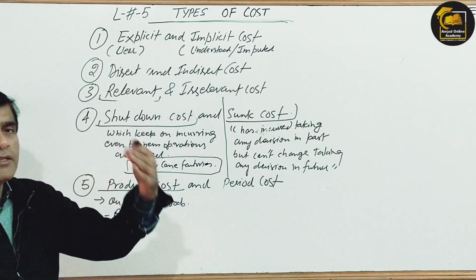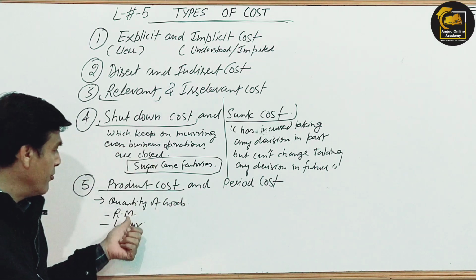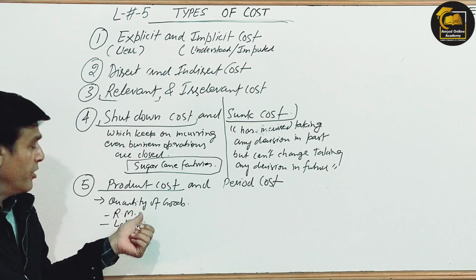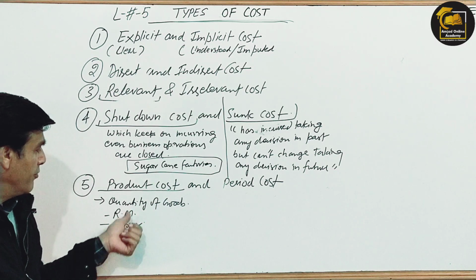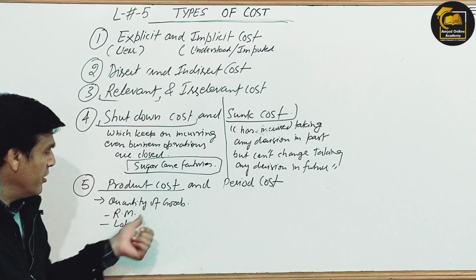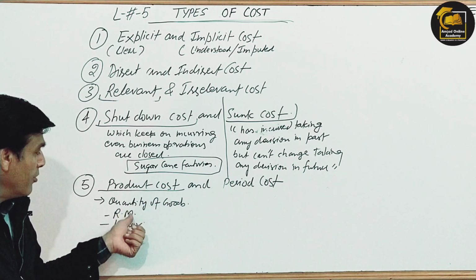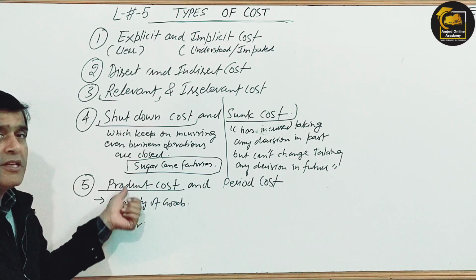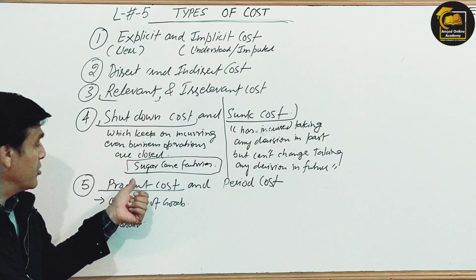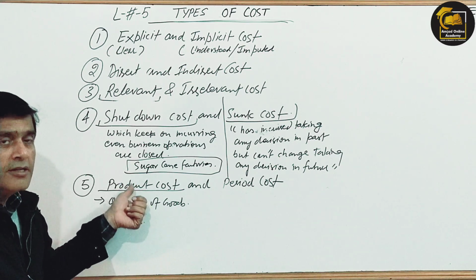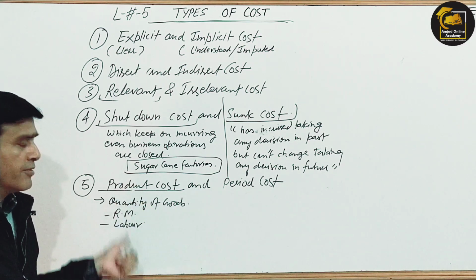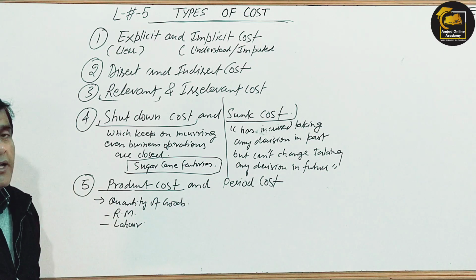If you are increasing the production quantity, definitely you have to increase the raw material. If you are increasing the quantity of the goods, definitely you have to increase the labor. So it means the raw material and the labor are based on the quantity of the goods. That's why it is known as the product cost. इसलिए अब इसको product cost बोलते हैं.